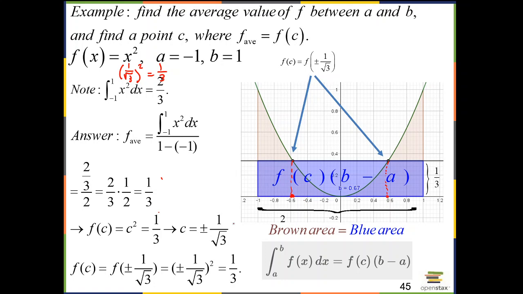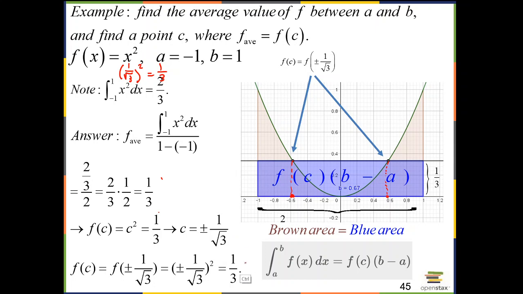Okay, now notice that if I make the height at this point, I get this number, and if I make a rectangle from negative 1 to 1 using that height, see the blue area here? The blue area is basically f of c. We got two c's, but it's f of c. The height is f of c, and the length is negative 1 to 1, which is 2, right? And 2 times f of c, right?